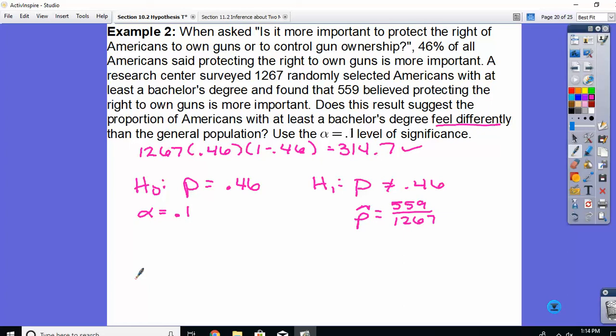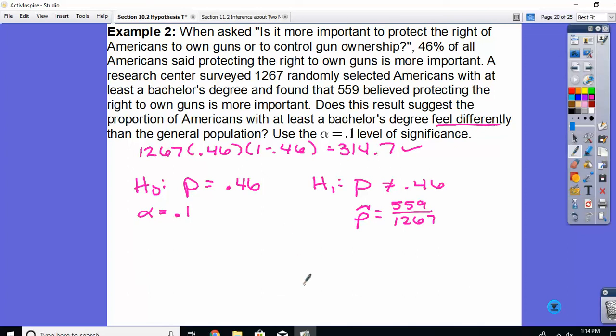So under the assumption that the proportion is still 0.46, there is a 17.9% chance that this occurs. Would I reject my null hypothesis? No. I'm only going to reject it if it's less than 0.1. So this is not less than 0.1, we would fail to reject.